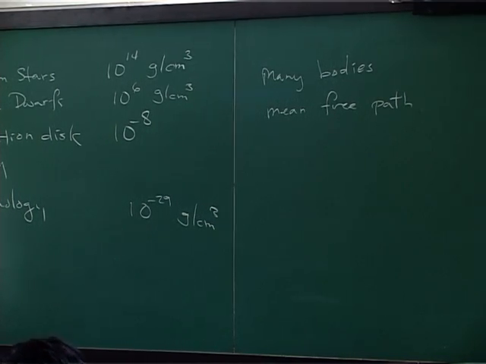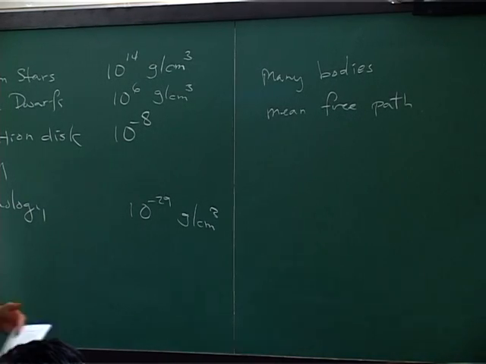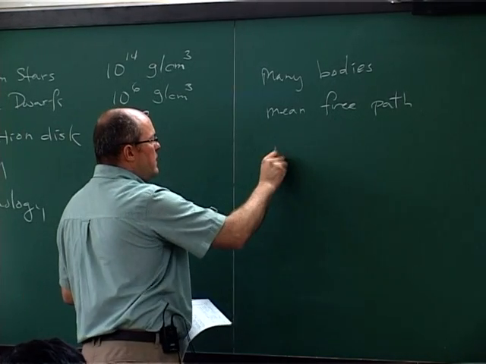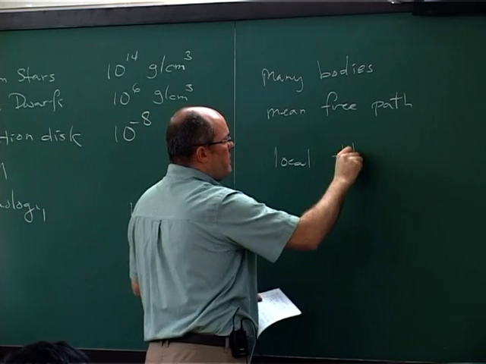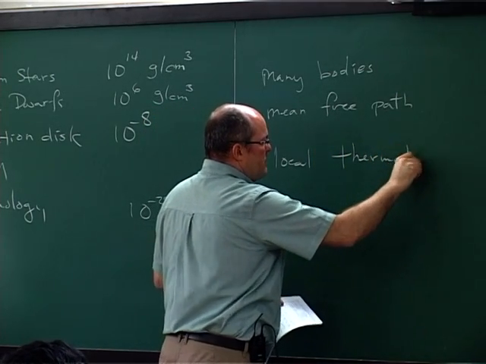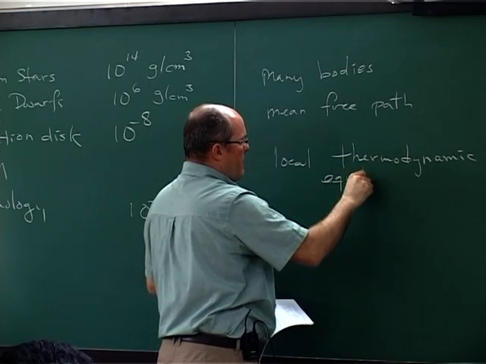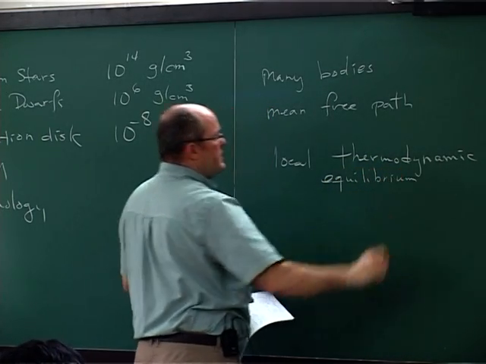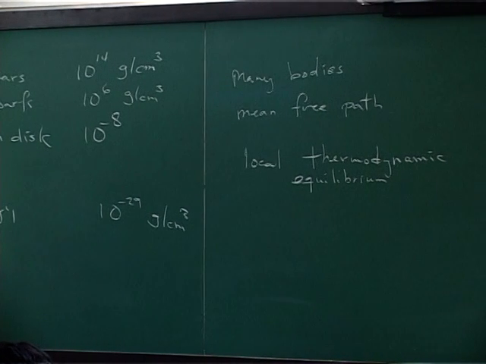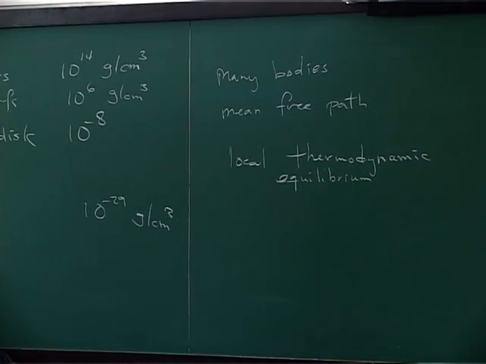In a fluid, we have to have lots of particles because we're basically going to use local thermodynamic equilibrium to describe this many-body system, right? So I have 10 to the 23 particles. I have many, many degrees of freedom.